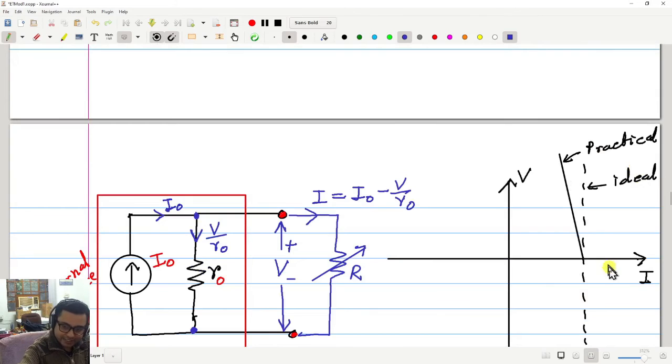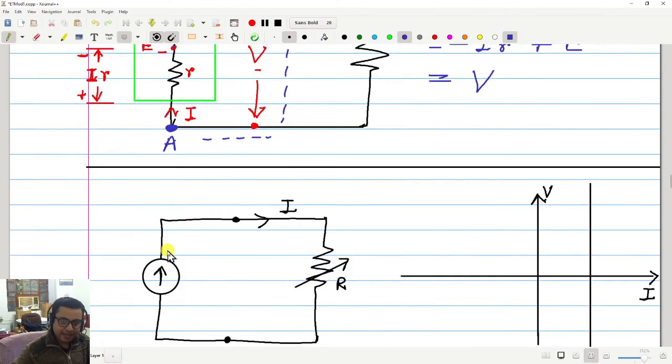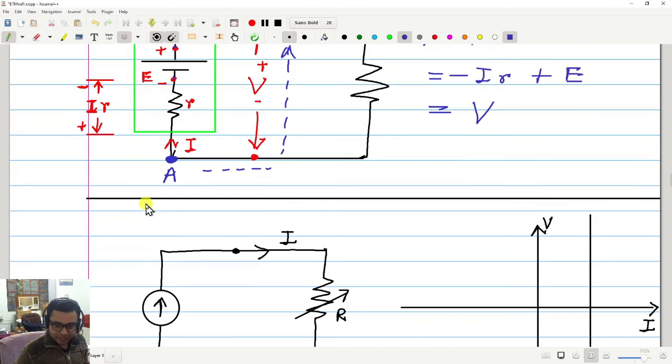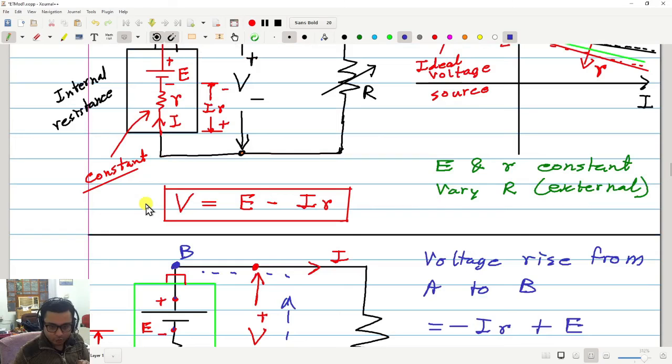So you see that basically there is some similarity between this practical current source and this practical voltage source. Note that point, and that will be very interesting soon. Another thing you note, just hold your questions for a few minutes.